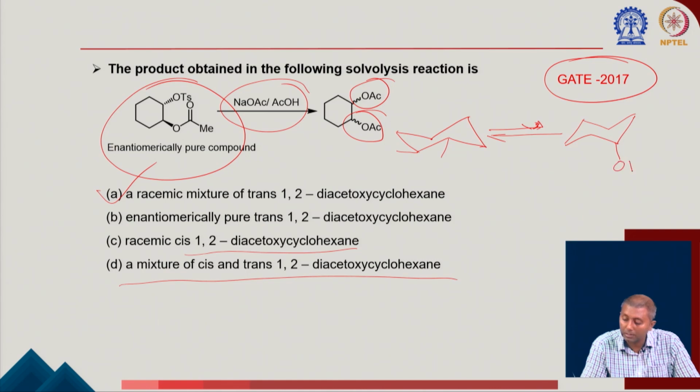You have OTs here, and then you have an O-acetate. So now once they are in the diaxial position, of course that will not be the most stable one. So you will see the equilibrium will always be on this side.